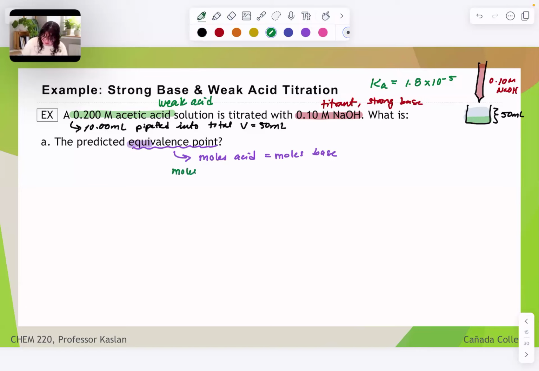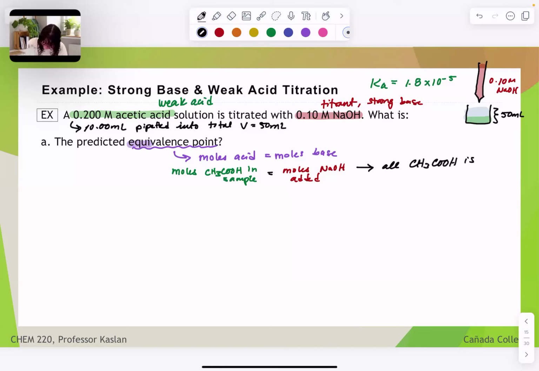This means that the moles of acetic acid in the sample are equal to the moles of NaOH added, with the implication that when these things are equal, all of the acetic acid is neutralized.